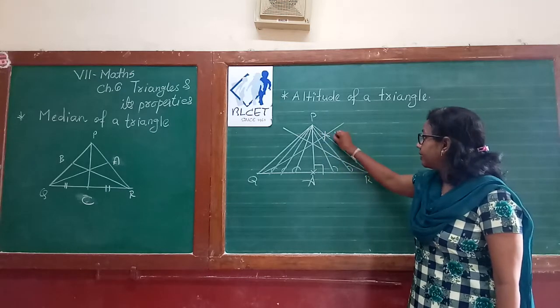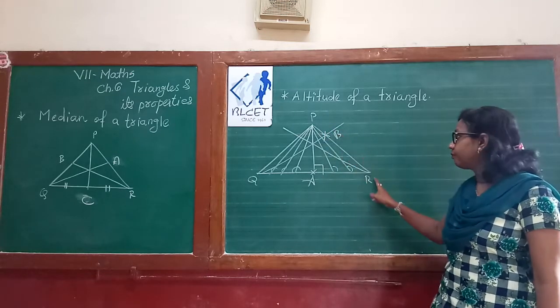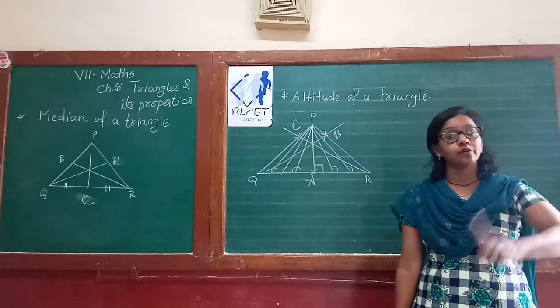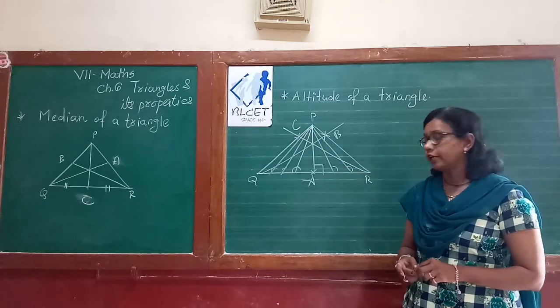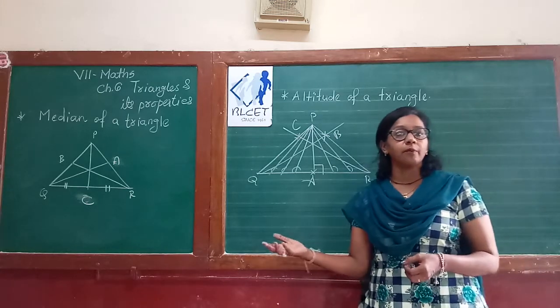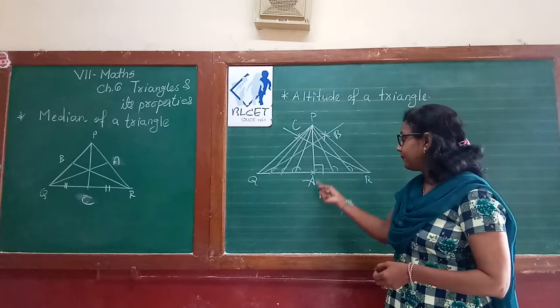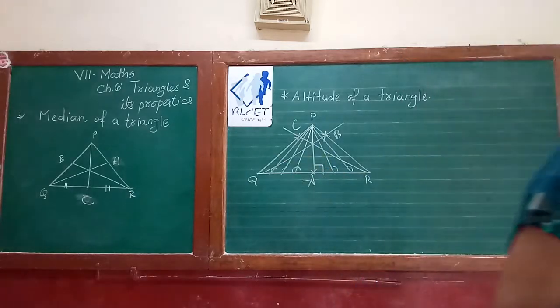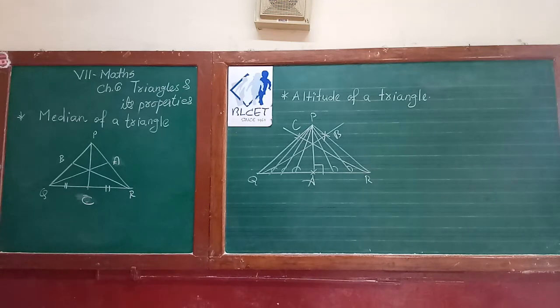If you consider D, this is not a midpoint of PR. If you consider C, it is not a midpoint of PQ, then also they represent altitudes. So altitude doesn't mean that you have to join the midpoint of the opposite line segment. Okay? So this is the difference between median and altitude. Now move on to the next topic.